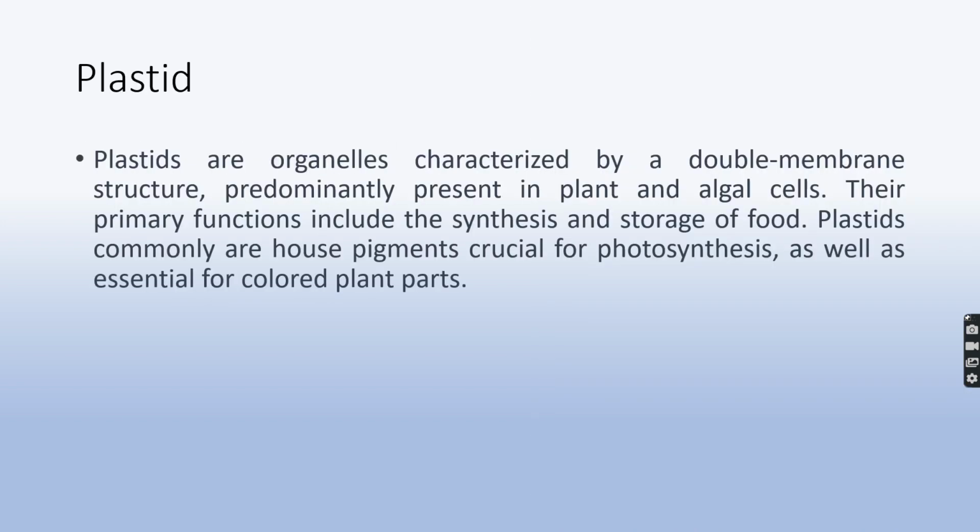Plastids are organelles characterized by a double membrane structure, predominantly present in plants and algal cells as well, and their primary function includes the synthesis and storage of food. Plastids are commonly the house of pigments crucial for photosynthesis as well as essential for colored plant parts.